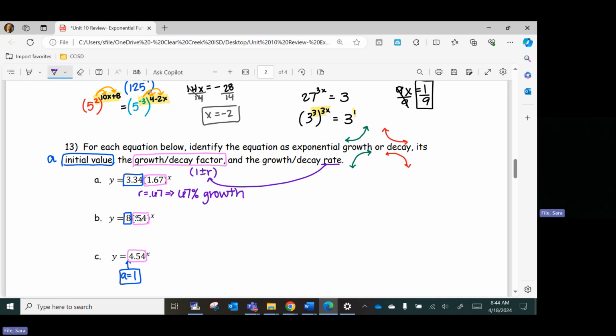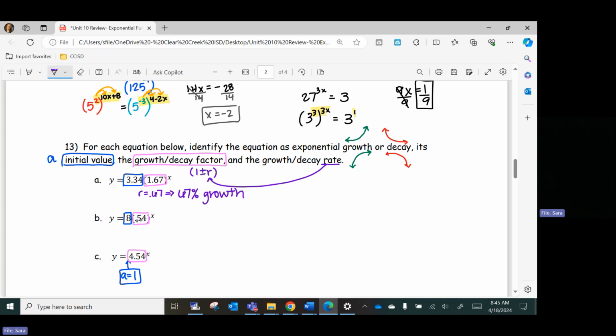Okay. What about this one in B? Is this number above 1 or below 1? That's less than 1, right? So it's going to be decay. Now I need to figure out how far below 1 is it. So you can subtract from 1.